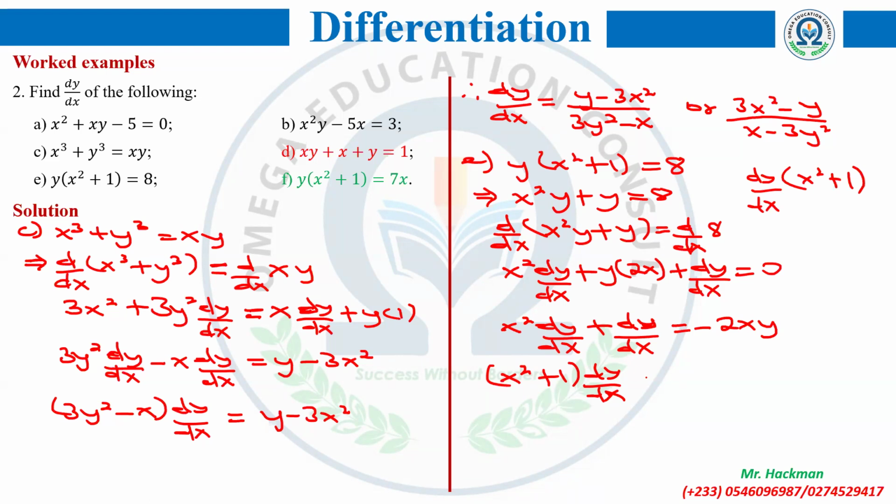So that will be equal to minus 2xy. Then we divide both sides by x squared plus 1, the coefficient of the dy/dx. So at that point, I'll get my dy/dx. Therefore, dy/dx will be equal to minus 2xy all over x squared plus 1. We are done.